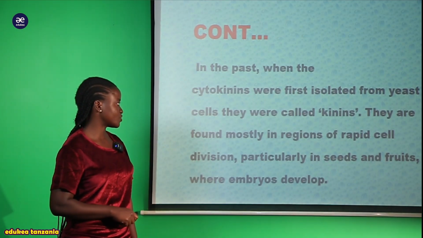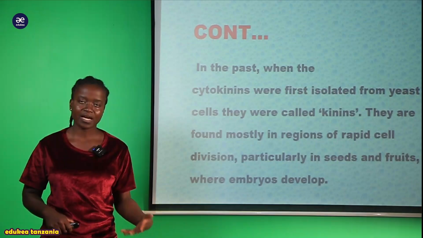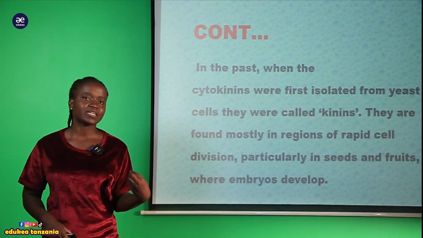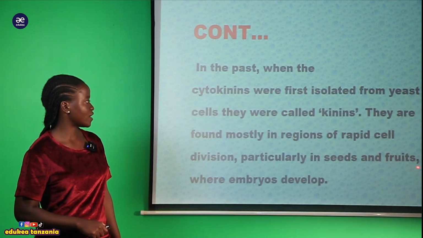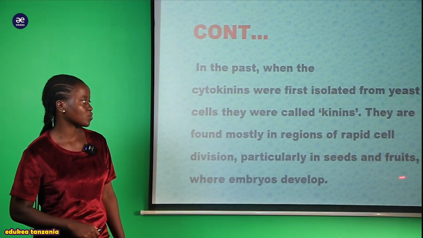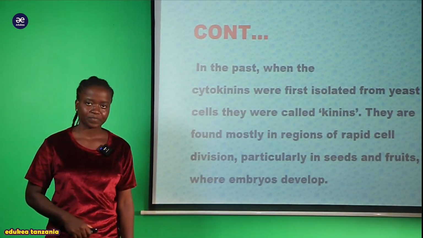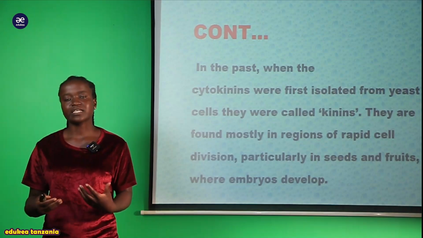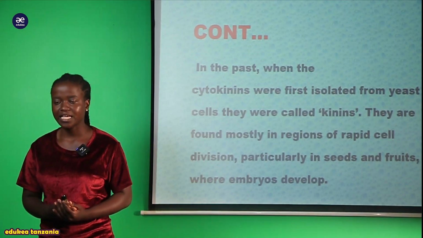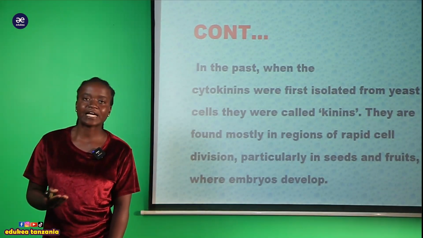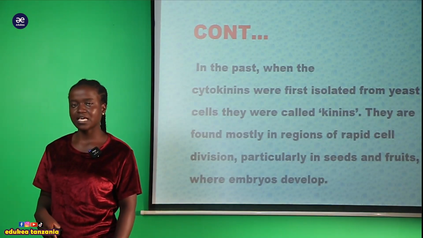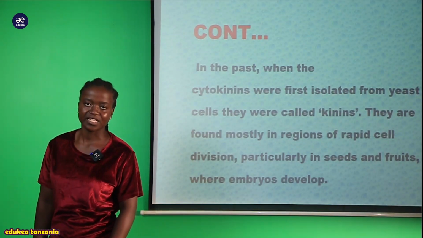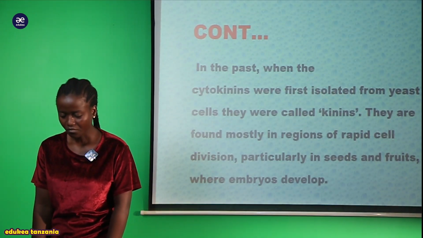Here we are talking about the seed, whereby cell division is occurring mostly, and also in the fruit whereby there is a growing embryo, thereby there is rapid cell division, whereby you can find these cytokinins enhancing the cell division.